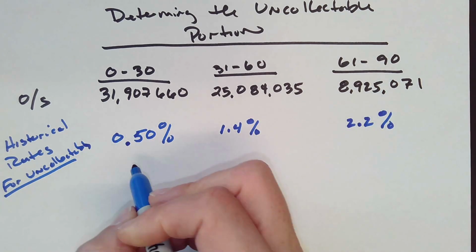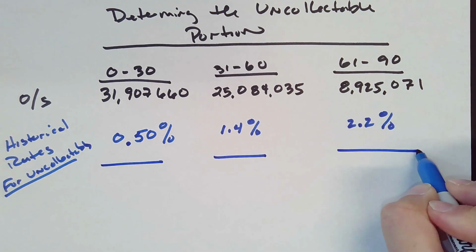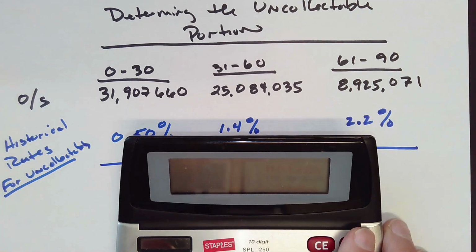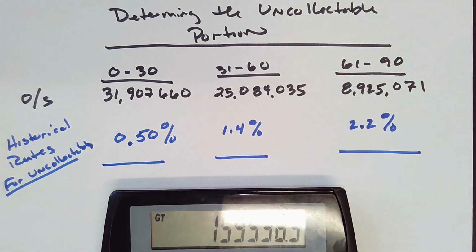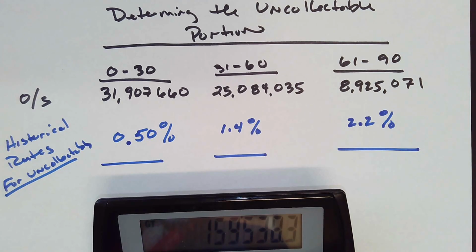All we've got to do is multiply these through. We take our 31,907,660 times 0.5%, that's 159,538.